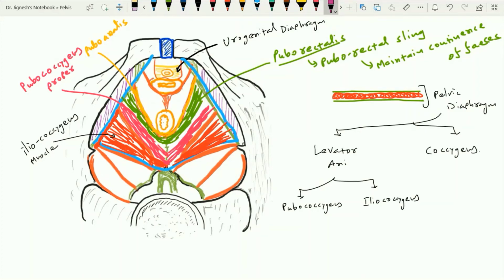And the most anterior portion of this pubococcygeus muscle passes around the side of the prostate in the male or the vagina in the female, and is inserted into the perineal body. These fibers are called pubovesicalis in the male and pubovaginalis in the female.